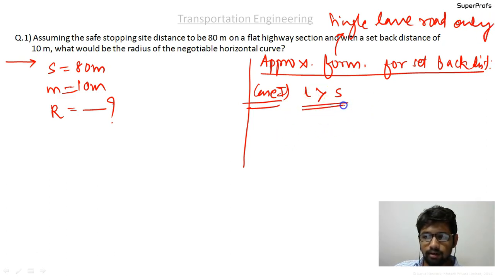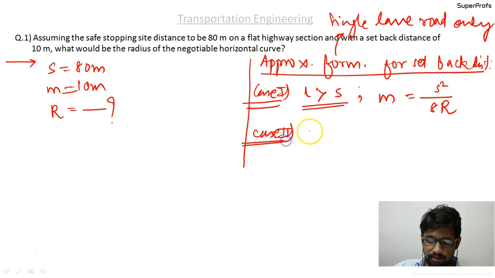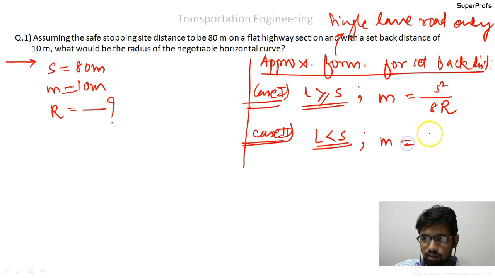So whenever L is greater than S, m equals S square upon 8R. And case 2 is when the length of the curve is less than or equal to S, and therefore m equals L times (2S minus L) upon 8R.